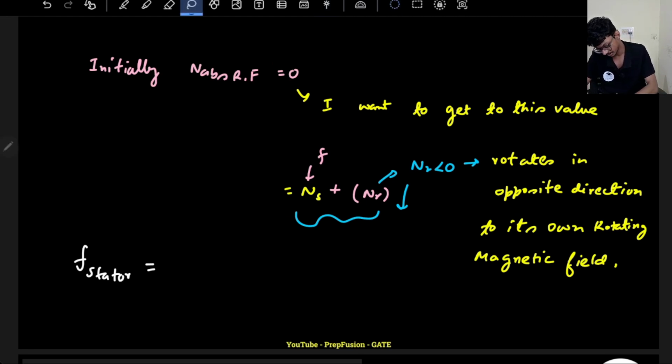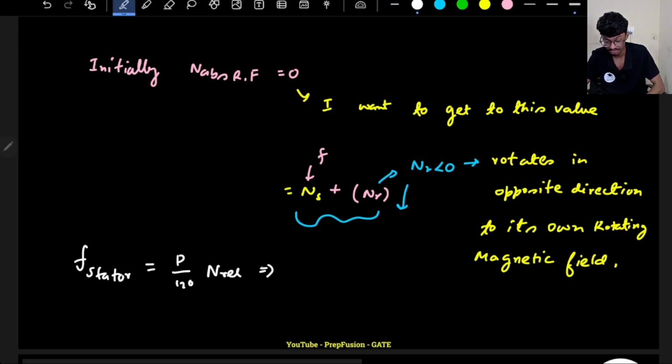So basically, what is the f stator? How do I find out the f stator? It will be again P by 120 into n relative. Now what is the n relative this time? This time the rotor is moving, right?